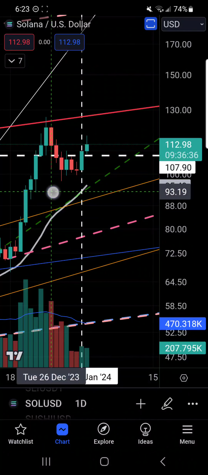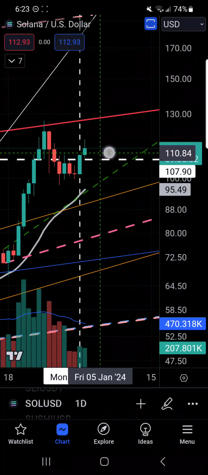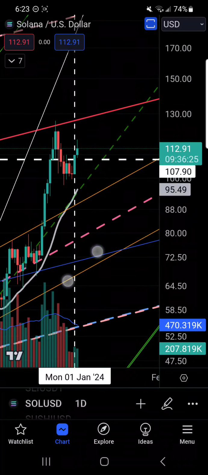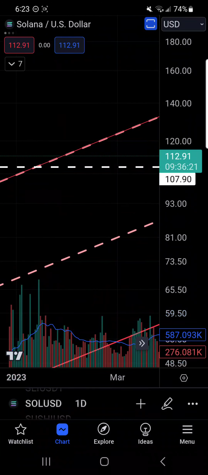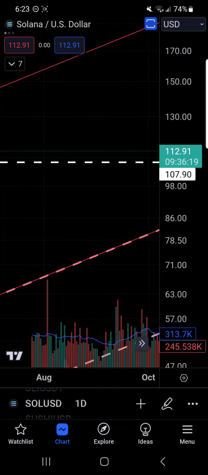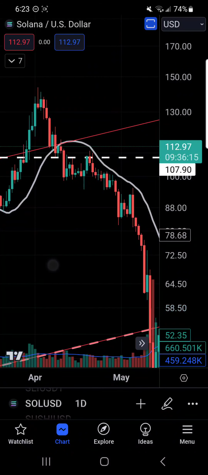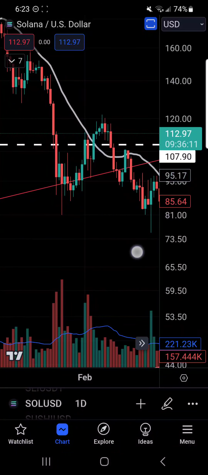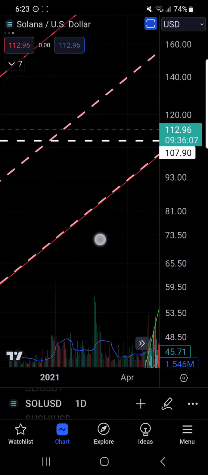So with Solana, we've busted back through this white dashed line, which is a key level of support and resistance. I believe that was... how far back does it go? I think it was even further here, maybe.